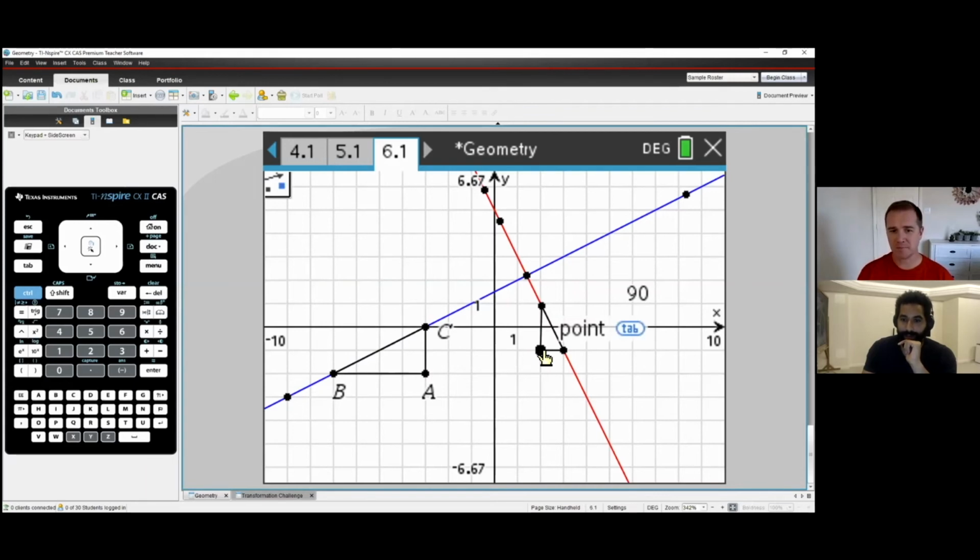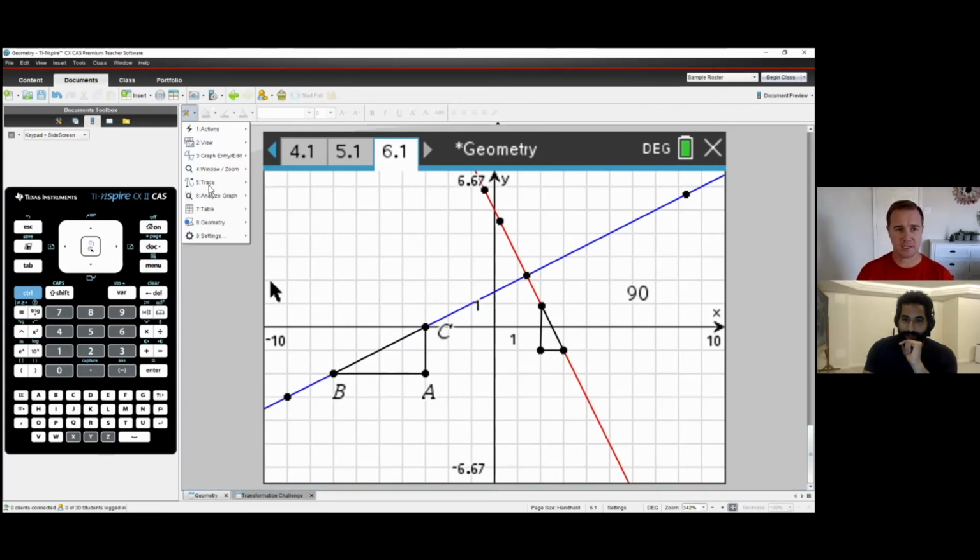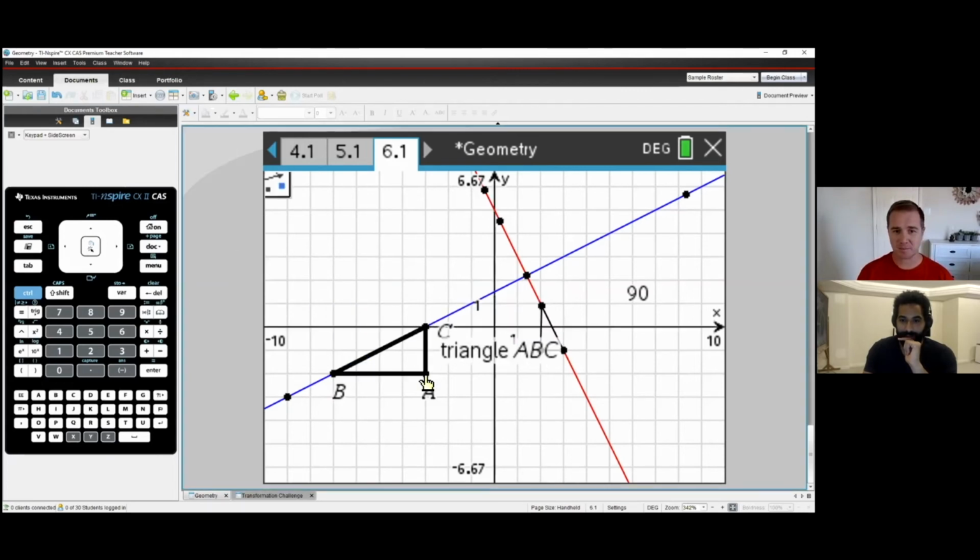I did the wrong thing. Let me try that again. I'm going to take point A, take that polygon, and map it right here. That's my first piece.